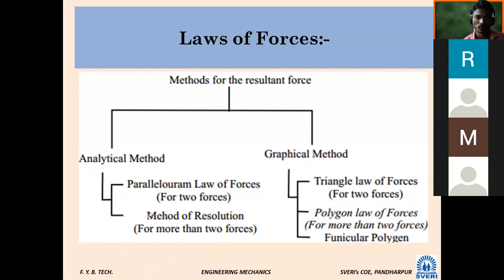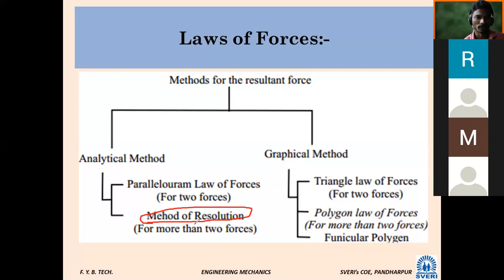This we have to revise again, because the concept we are going to see today requires it. In the method of resolution, we were resolving each and every force into its x and y components, then adding them to get summation Fx and summation Fy.